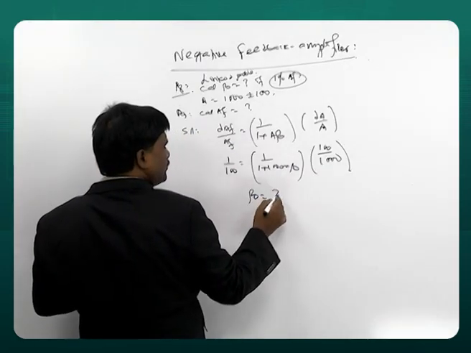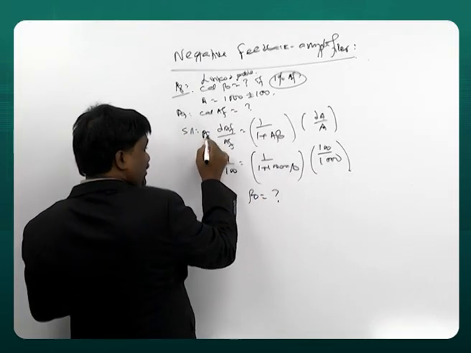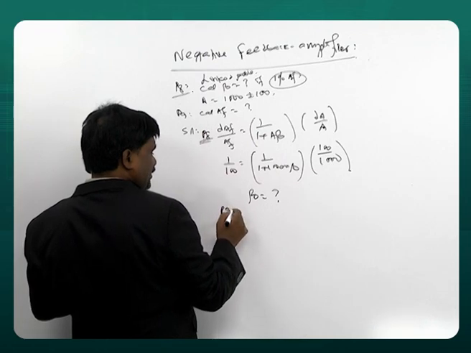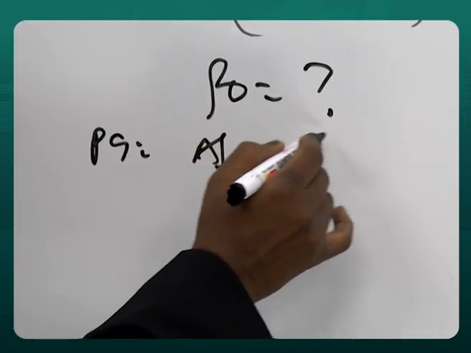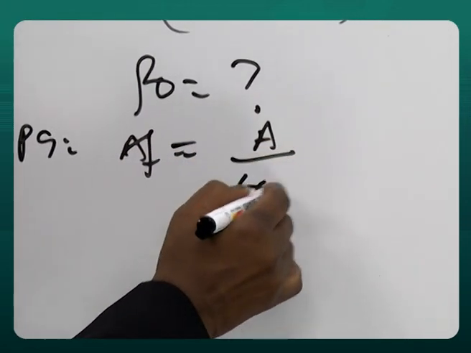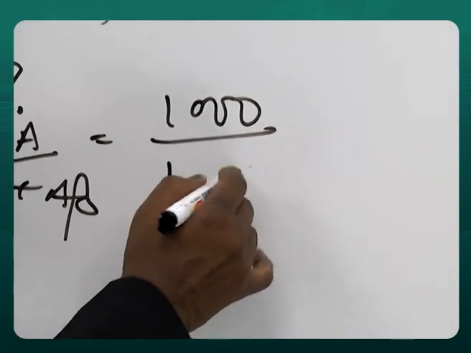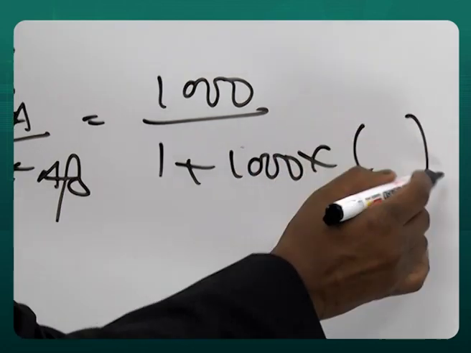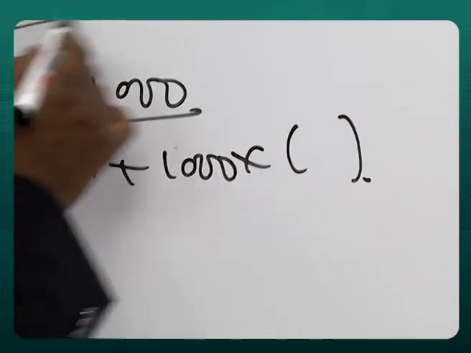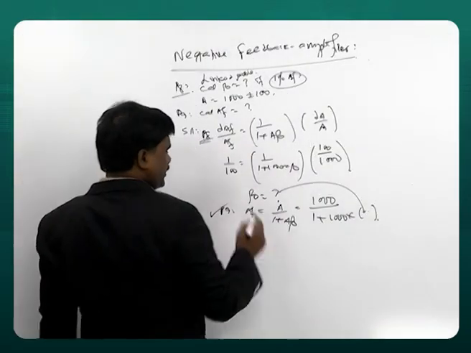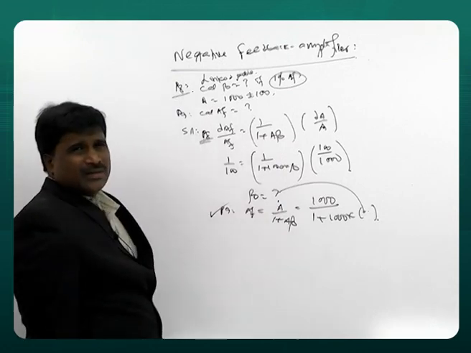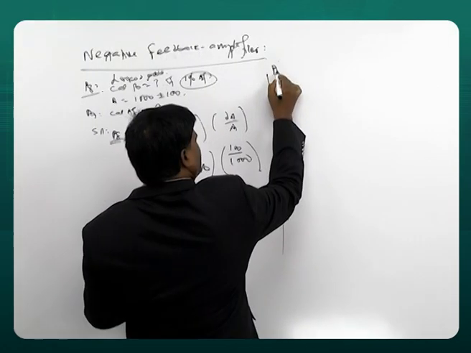Solve for beta. That is problem 8. After getting beta, AF is A by 1 plus A beta, 1000 by 1 plus 1000 beta. Whatever beta that comes from here, you substitute, you'll get AF. That's why it is called linked problem.